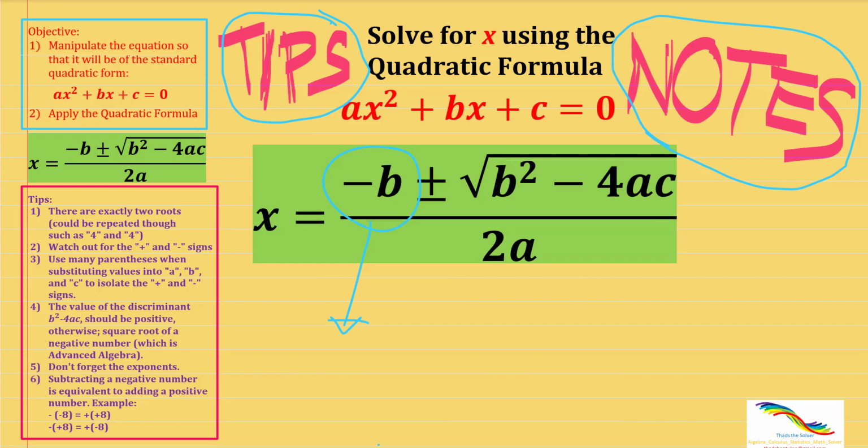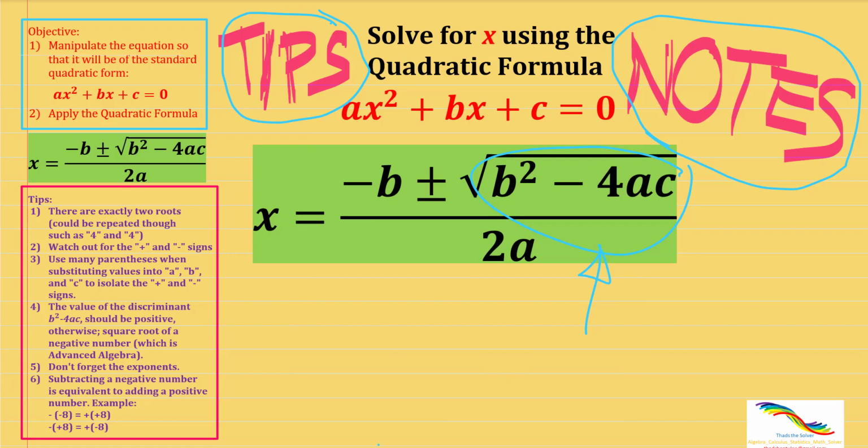Now, another thing that we should note is the expression under the square root, and that expression is b squared minus 4ac. B squared minus 4ac is an expression that is called the discriminant.